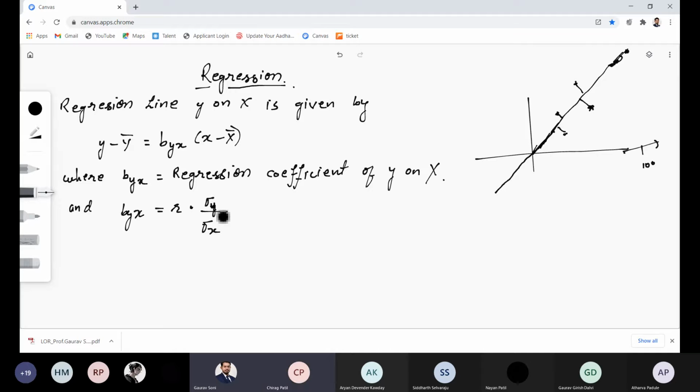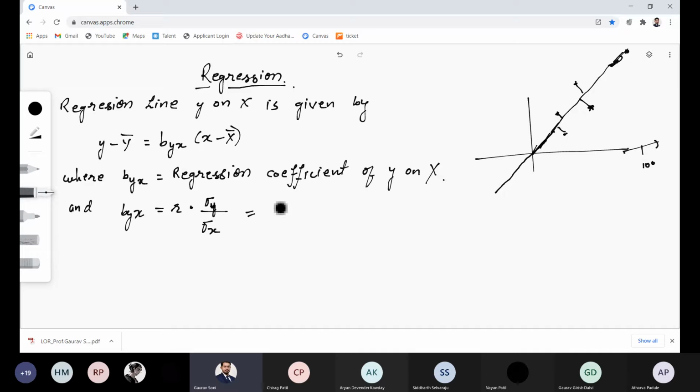Sir, y is equal to mx plus c is the general equation. And if you take the two-point form, y minus y bar is equal to m into x minus x bar. So byx is actually the slope of the line. Yes, so byx is the slope of the line, and it is given by r into sigma y by sigma x. We can also simplify this further.